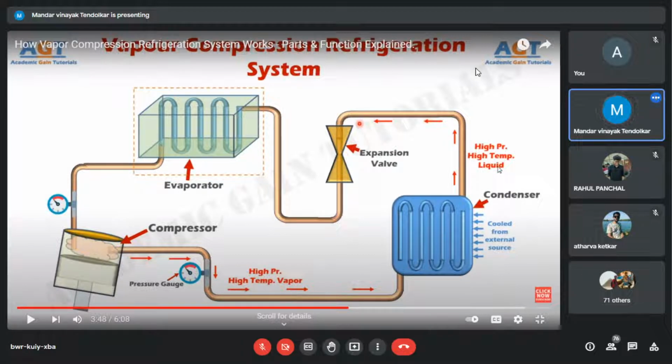Do you agree? Yes, sir. That is not the practical reality. She is explaining only the theoretical part. But in practical reality, there is a slight part in the superheated section also, and slight heat rejection in the subcooled section also. So we will discuss this more in our theory lecture.